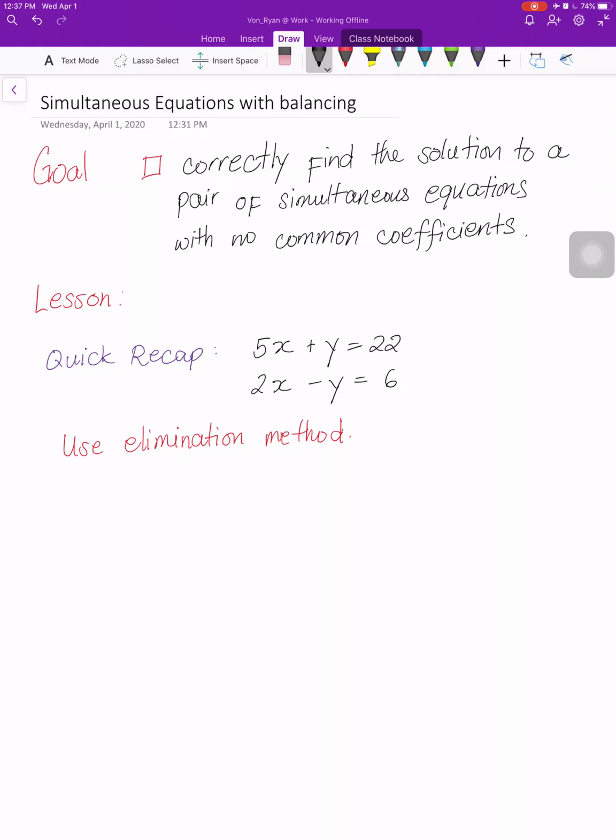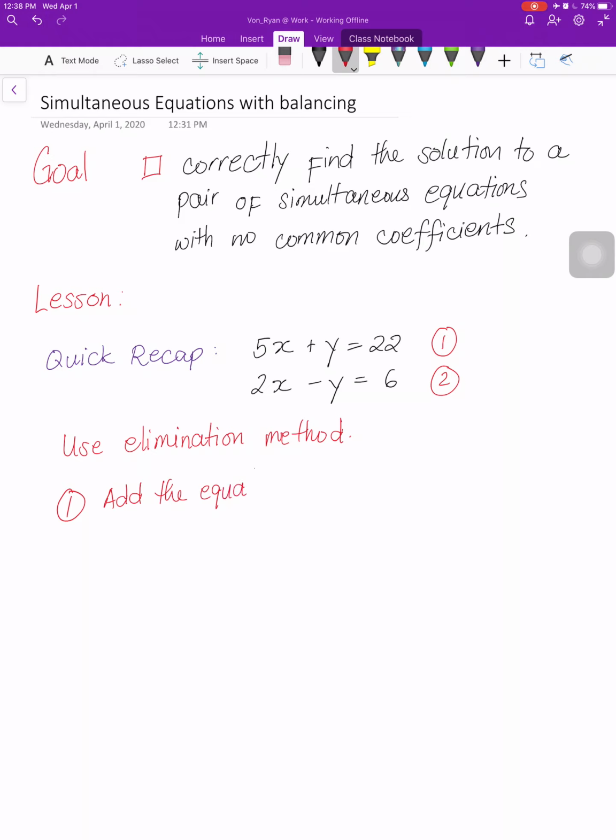You can see y for equation 1 has a coefficient of 1, and y for equation 2 has a coefficient of -1. In this case, we will add the equations so we can end up with a linear equation with one variable. So let's write the step: add the equations.